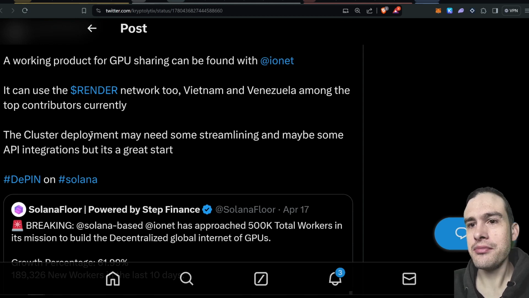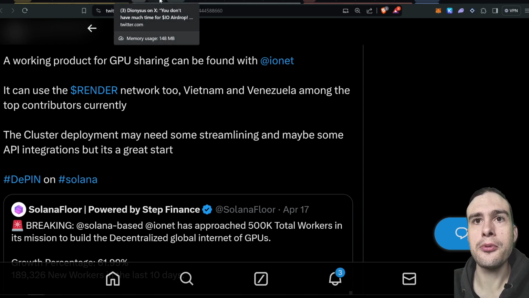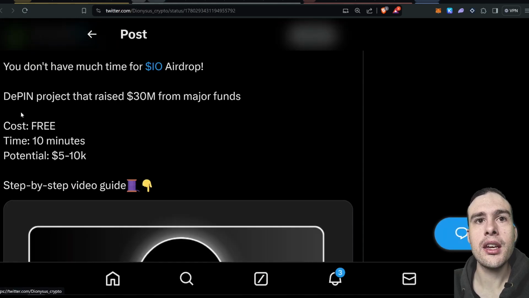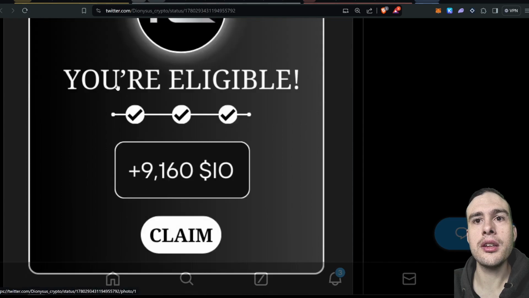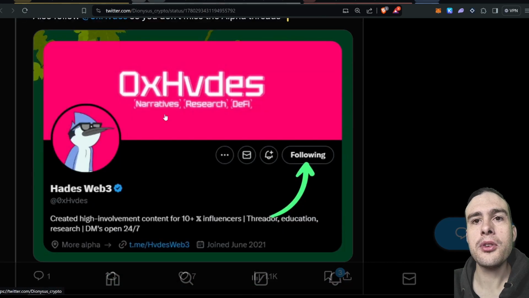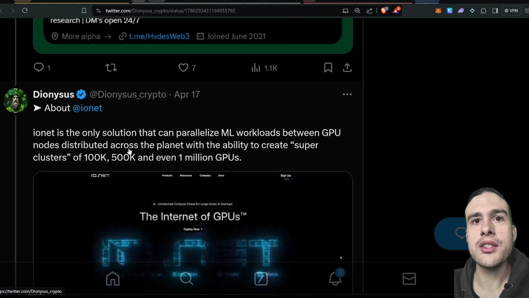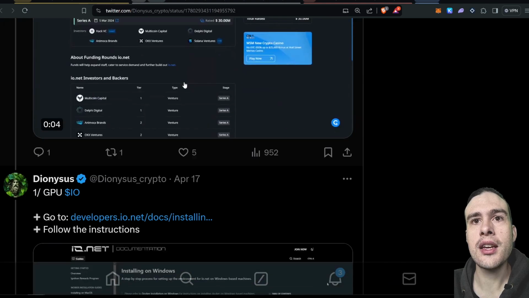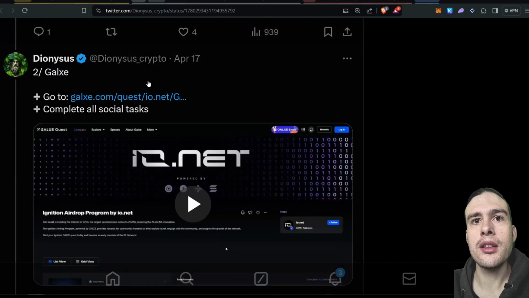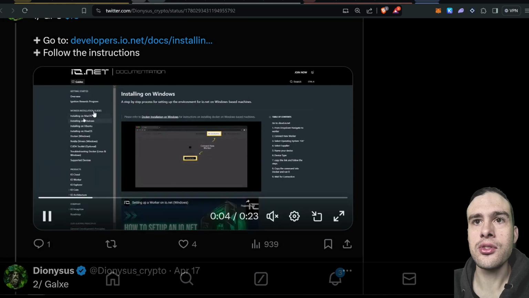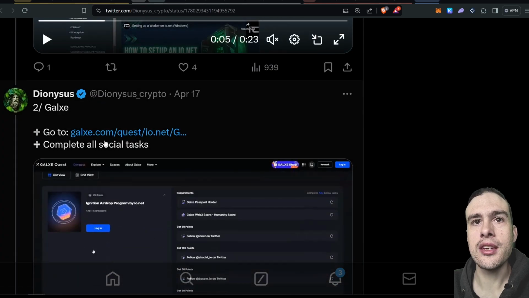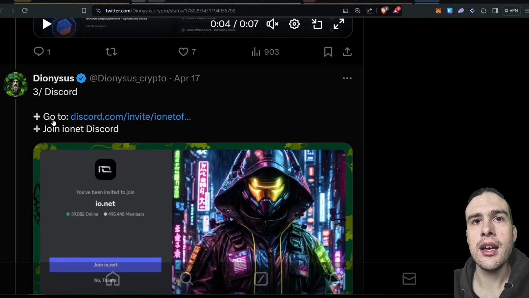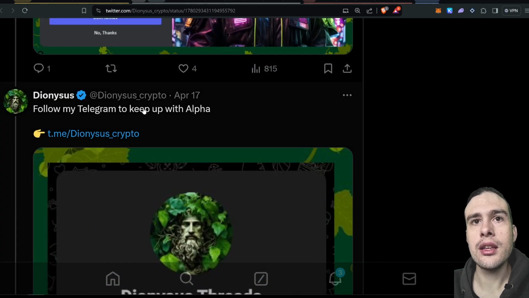So you might not be able to farm IO with that, but at least you might qualify for some sort of airdrop or points. I did post this on my X if you really want to do the farm guide. A lot of the farm guide stuff talks about doing the Galaxy quests, not Zealy, I should say, and also joining the Discord and leveling up in there.